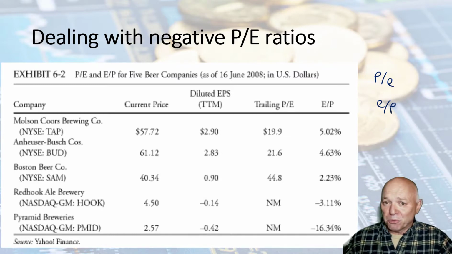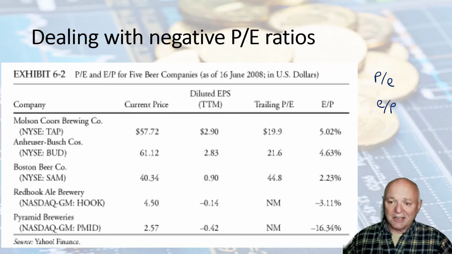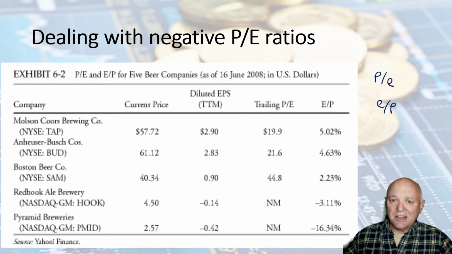And so that number is still meaningful. It's just an unhappy number. So a negative number makes more sense if we're taking a look at the capitalization rate. It doesn't make sense when we're looking at the price earnings multiple. And as you get to a really, really small number, it still makes sense because that number goes to zero. So it's an alternative way of using an inverse ratio.